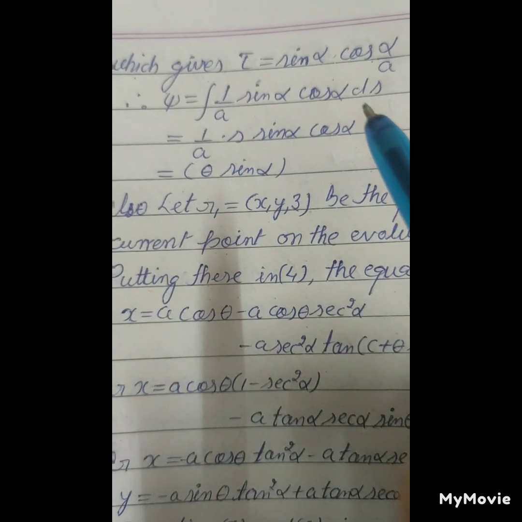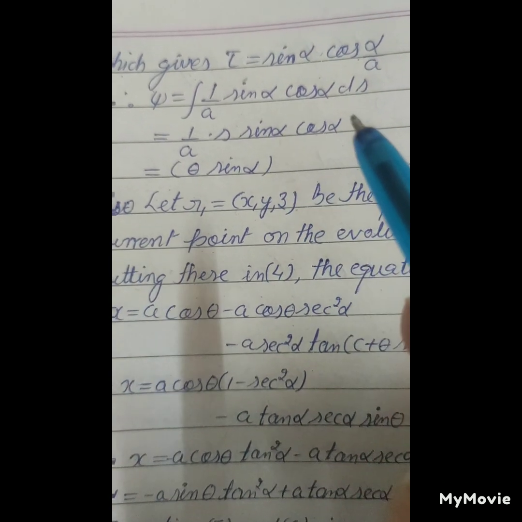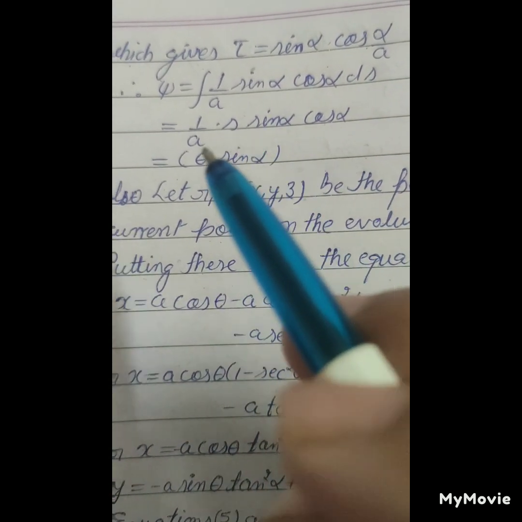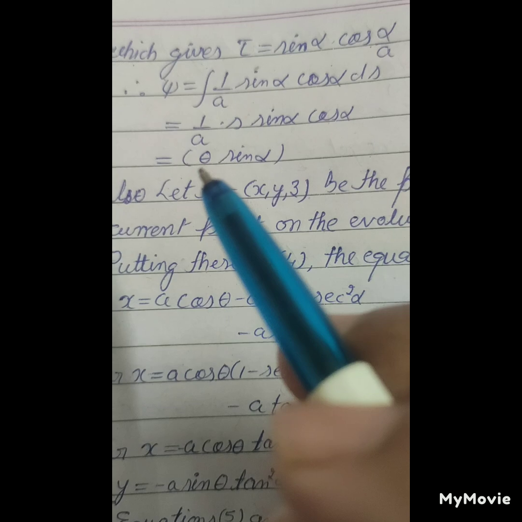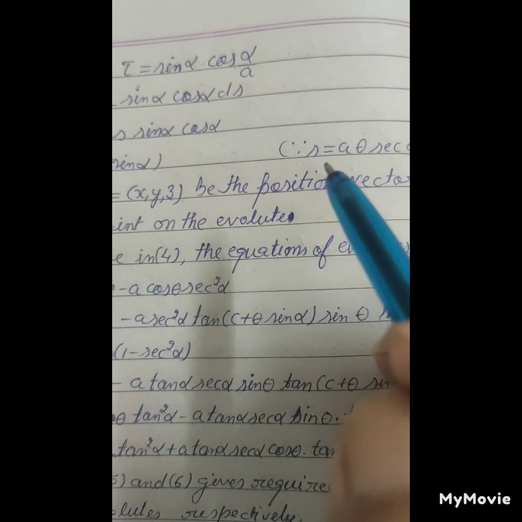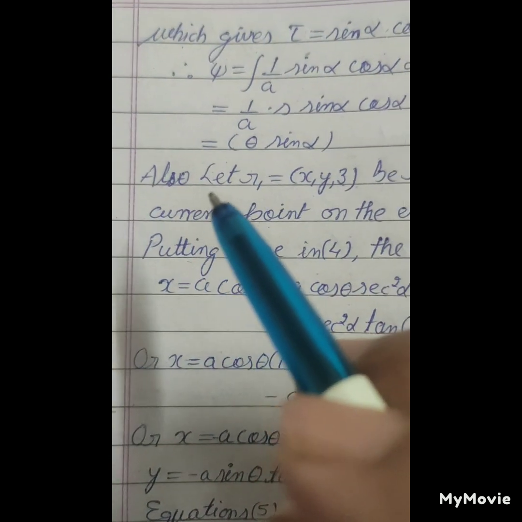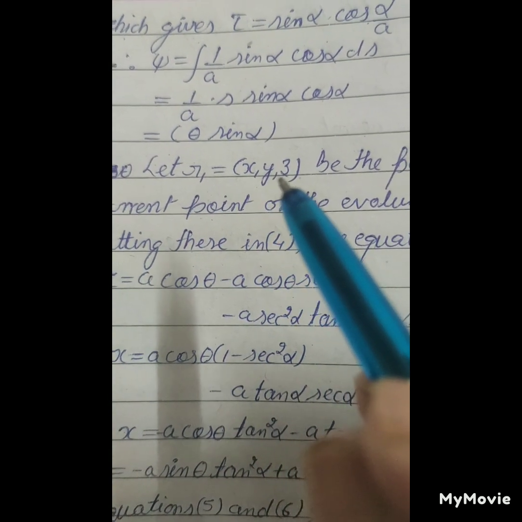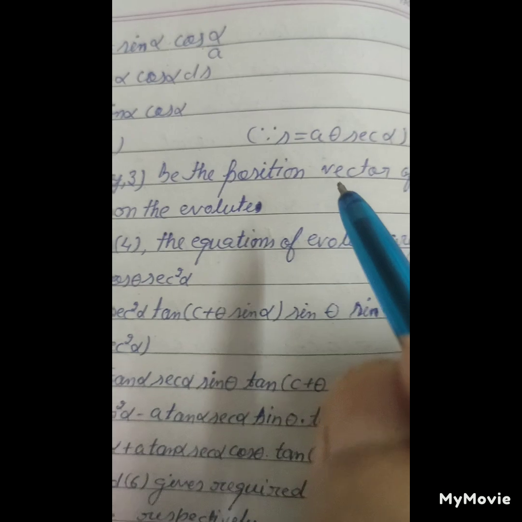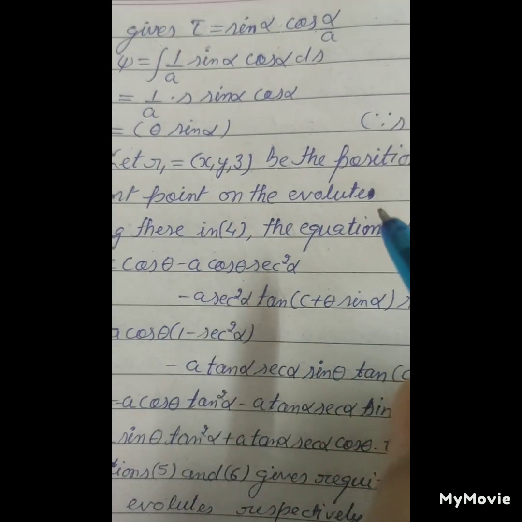Integration of ds is s, so it equals θ sin α, because s equals a θ sec α. Also let r1 equals (x, y, z) be the position vector of a current point on the evolute.